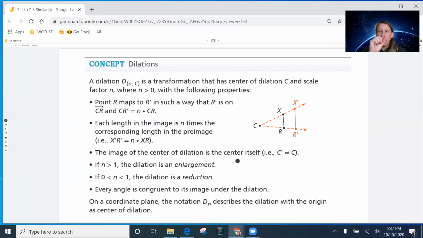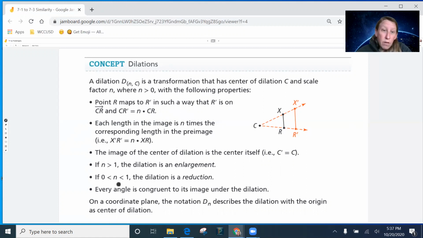You can either make things bigger or you can make things smaller. If we're making something bigger, we call it an enlargement, and that means your scale factor is like 1.2, 1.5, 1.7, 2, 5, 16, 24. That's how much bigger it's getting. If you want to make something smaller, we call that a reduction.